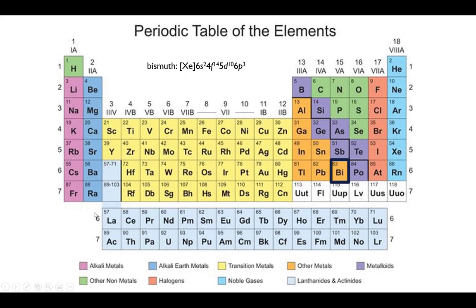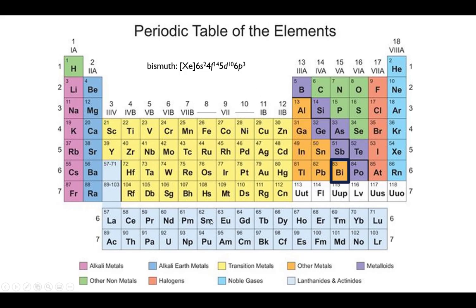Remember, these are technically in the 6th period. That's where they would fall. So the F's are 2 behind. So 4f14. And then the D's are up to 10. So these are the 5d, 5d10. And then 6p, 1, 2, 3: 6p3.